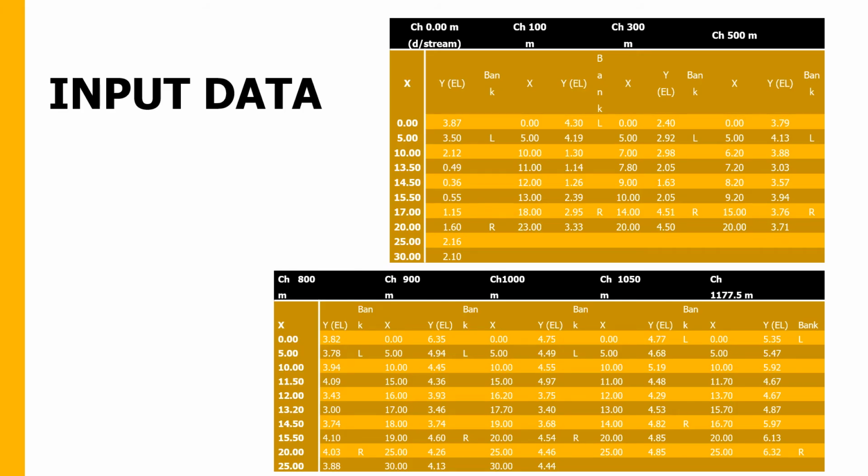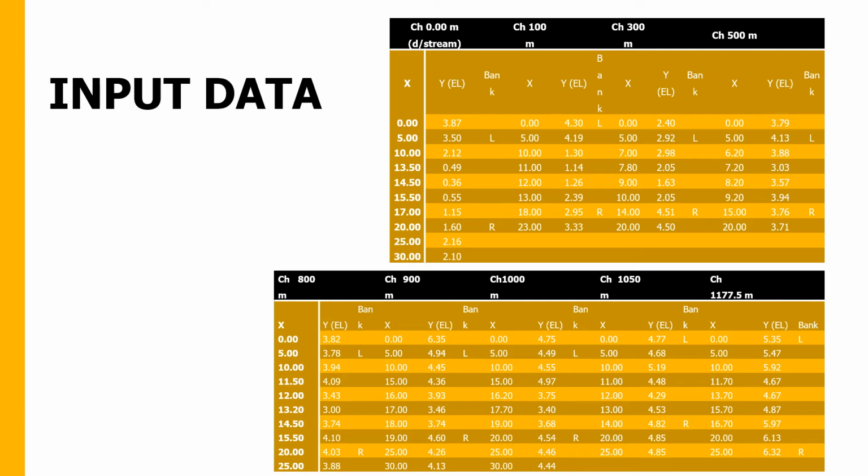Next, I shall explain about the methodology of this project, including the selection of the data type of analysis, and the justification and procedure of the modeling and analysis. There were two input data, which are the geometry data and the discharge data.